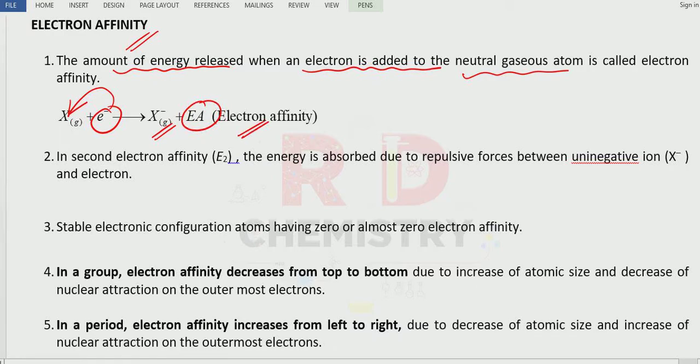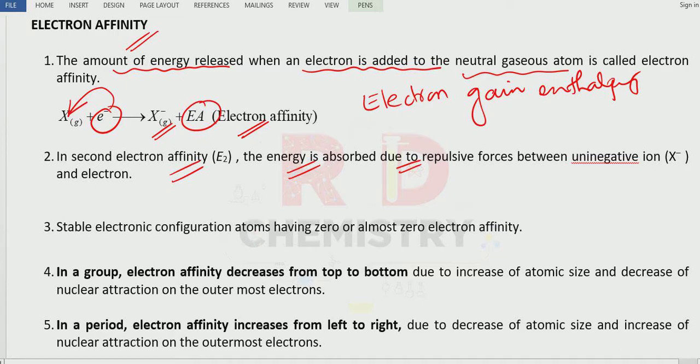Or it is also called the electron gain enthalpy. The second electron affinity is the energy absorbed due to the repulsive forces between the uninegative ions and the electron, right?